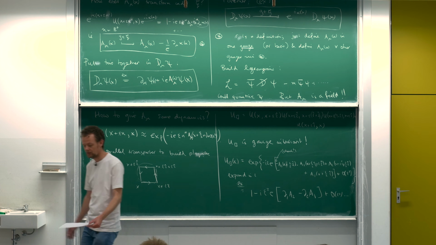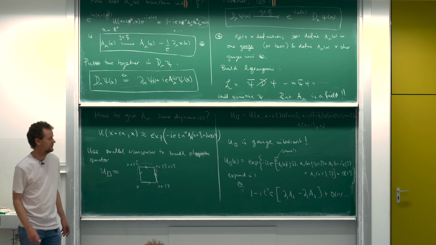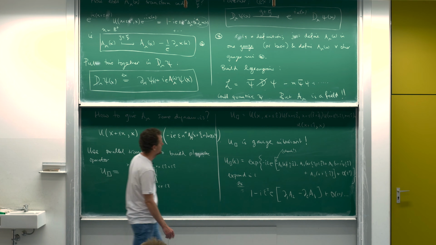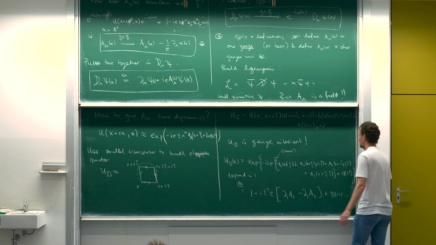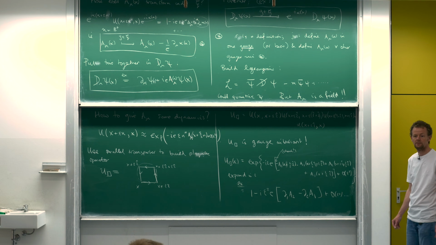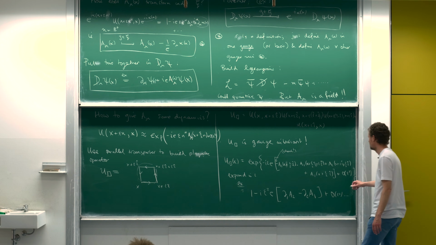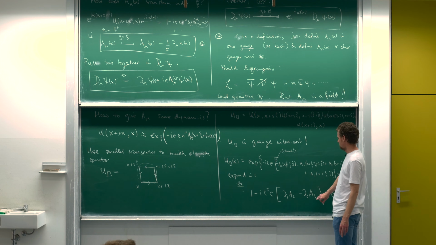That's the result of a lot of Taylor series, because you've got to Taylor expand this one, and this one, and this one, and this one, and then confirm that you only get something at order epsilon squared.